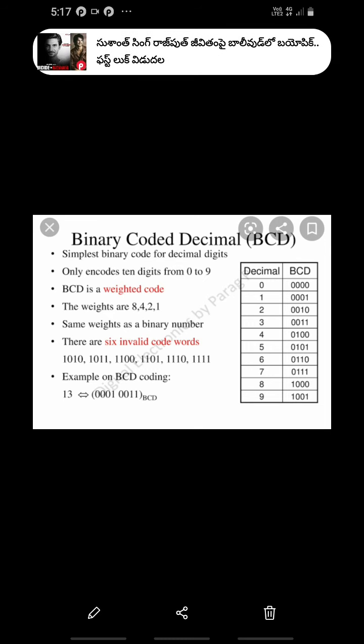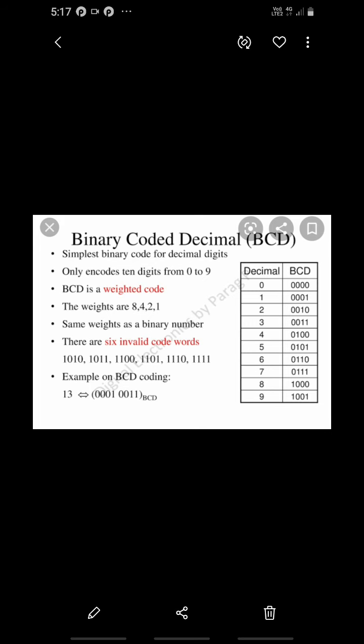They are 1010, 1011, 1100, 1101, 1110, 1111. These are the invalid codes.